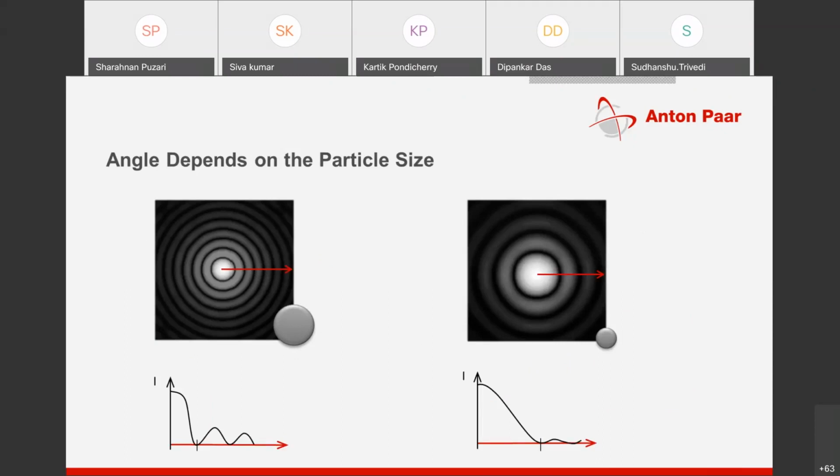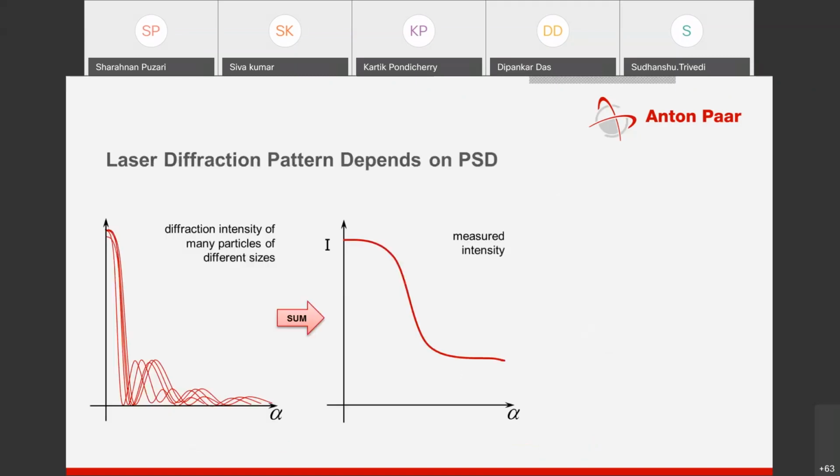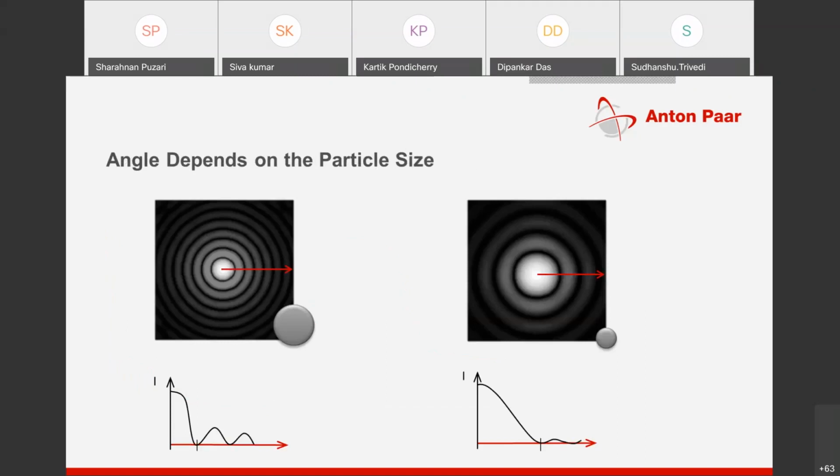And then there are two optical models. We take the intensity, how much intensity is falling on the detector, and at what angle, meaning I and theta are taken into consideration from this experiment. Then we put in an appropriate optical model, and using Maxwell's equations we calculate the entire distribution of the particles.